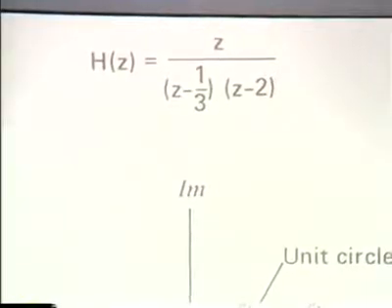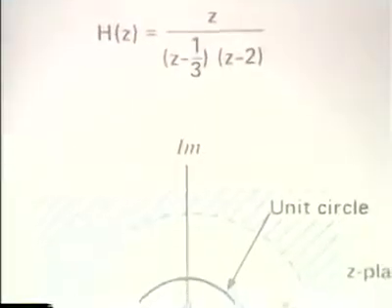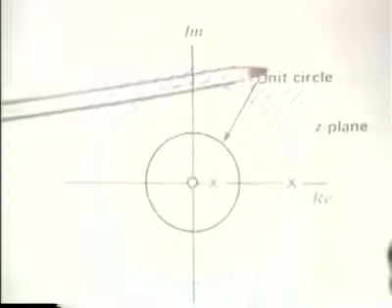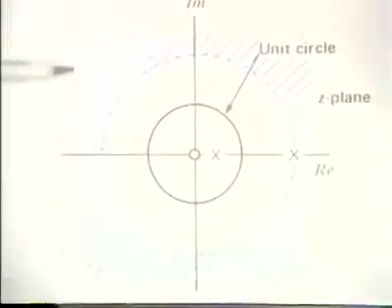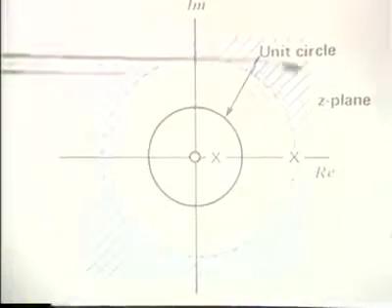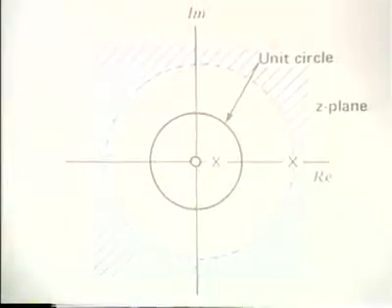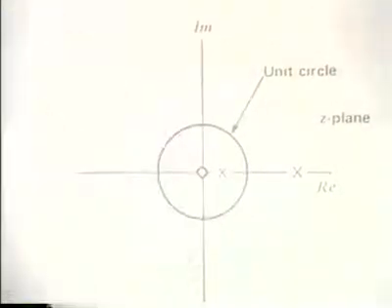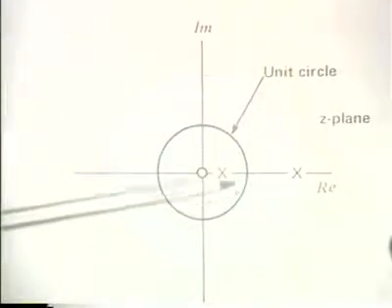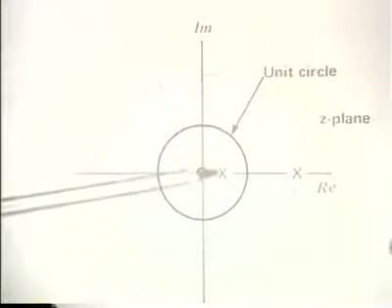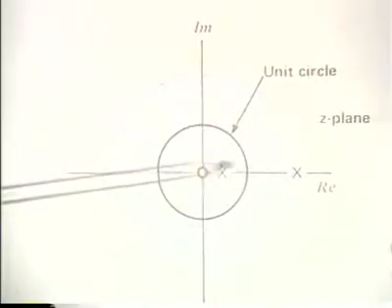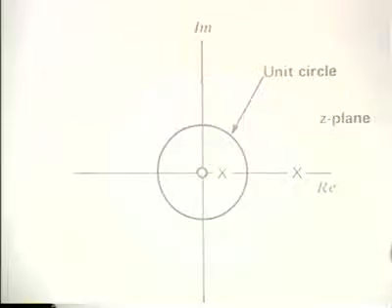If the system was causal, corresponding to an impulse response that's right-sided, this would then be the region of convergence of the system function. Alternatively, if I knew that the system was stable, then I know that the region of convergence must include the unit circle, and so this would then be the region of convergence.